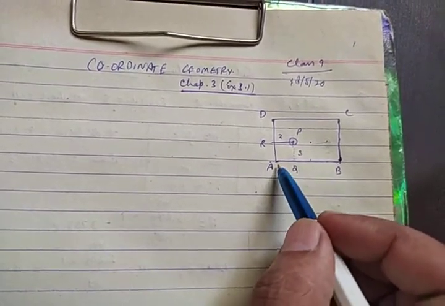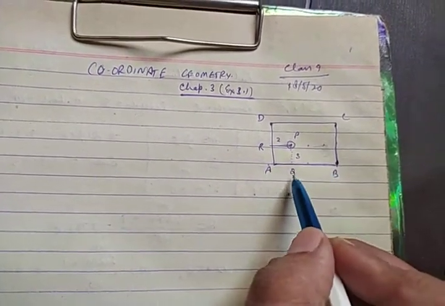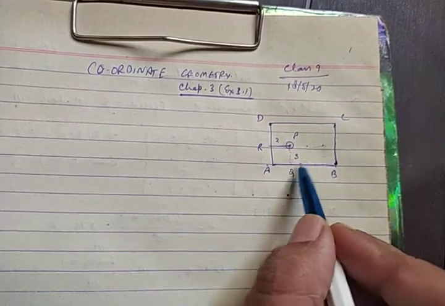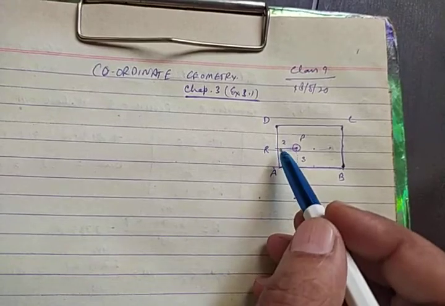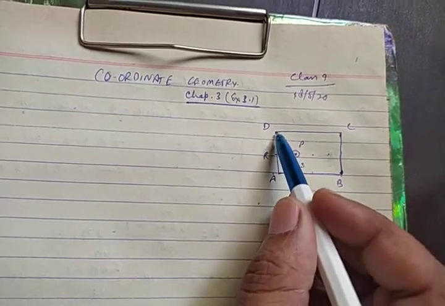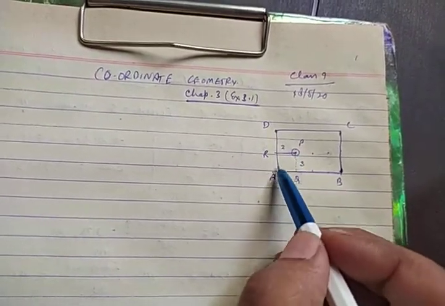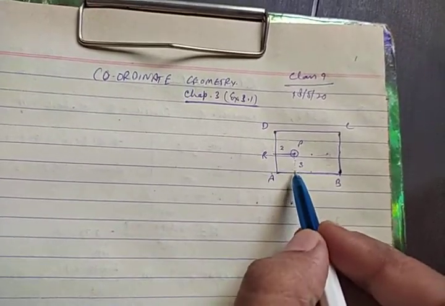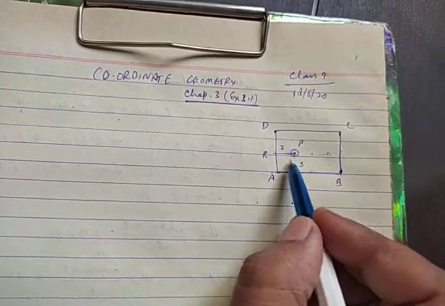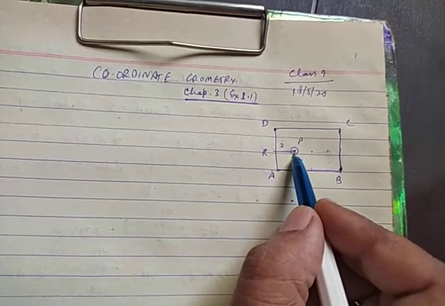When I say measurement from wall AB, you will measure from AB, neither from DC nor any other wall. When I talk about the measurement with respect to wall AD, you will start measuring from this wall. In this way you will get the exact position of the table.